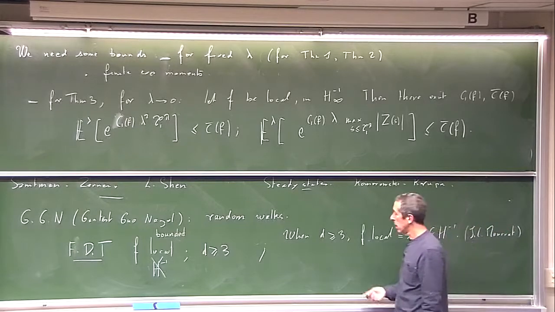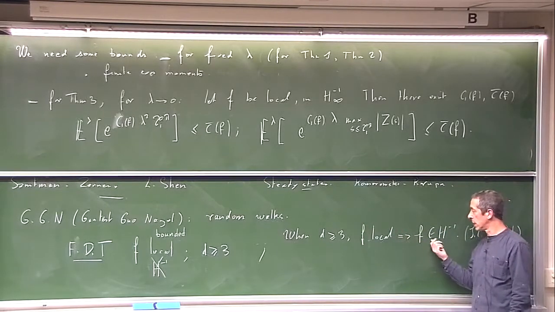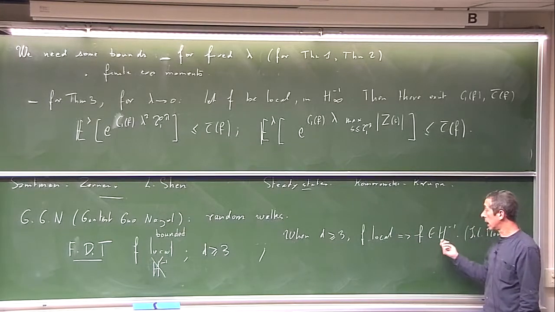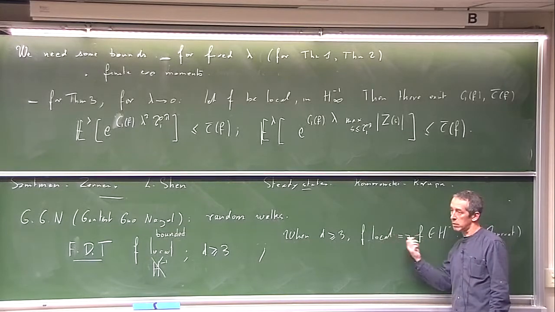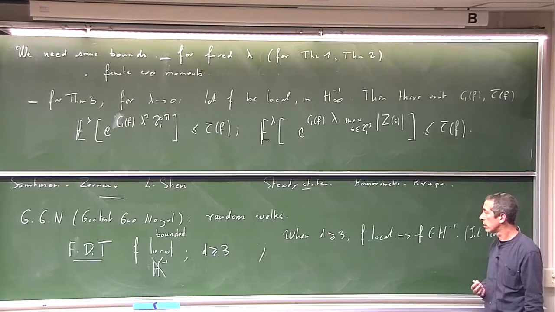So you see, the first step in that direction is to use this property that local functions are in h-1. As I said, this is a rather soft argument which relies on the fact that in dimension 3 you are in a transient regime, random walks are transient.